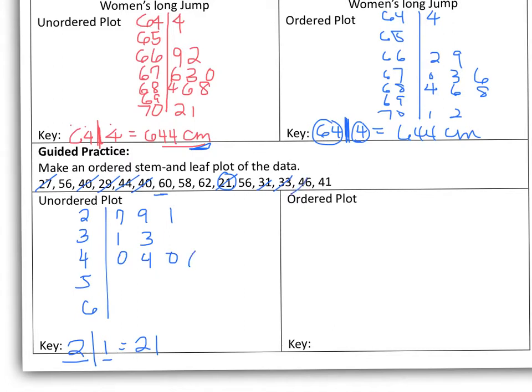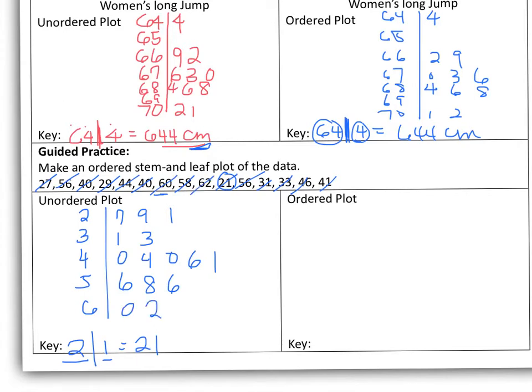So right now I don't care about the order. I'll worry about it later. 41, and 56, 58, and we should have another 56, 60, 62.